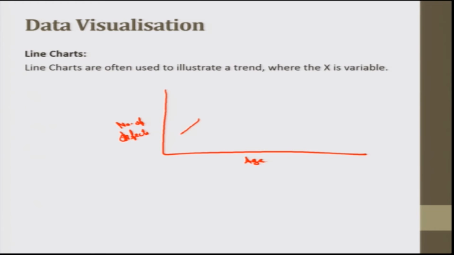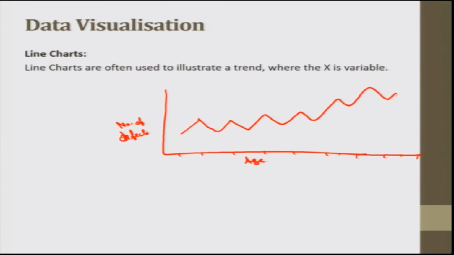It can be like this, first point, second point, third point, fourth point, fifth point, sixth point. Okay, we can see with age the number of defects in any instrument.